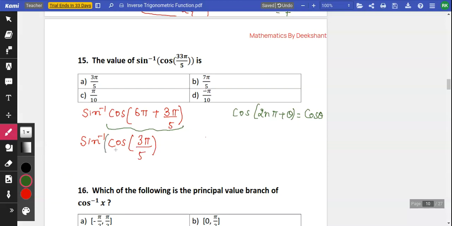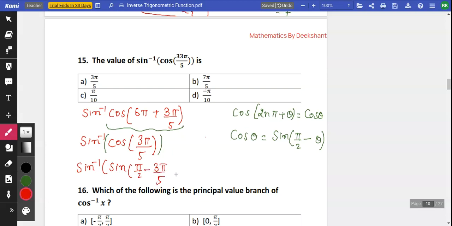Now we try to convert cos in terms of sine. Cos theta is equal to sine of pi by 2 minus theta. Use this formula in this portion. We get sine inverse sine of pi by 2 minus 3 pi by 5.